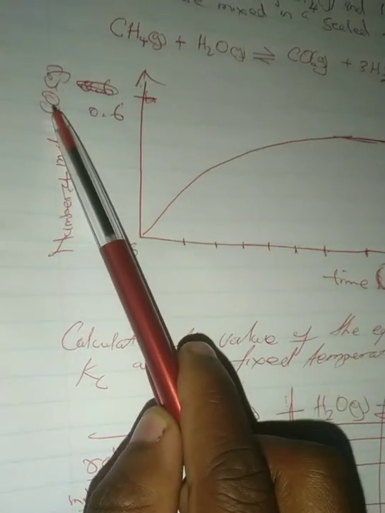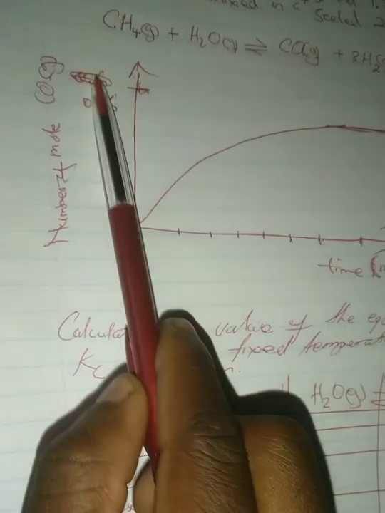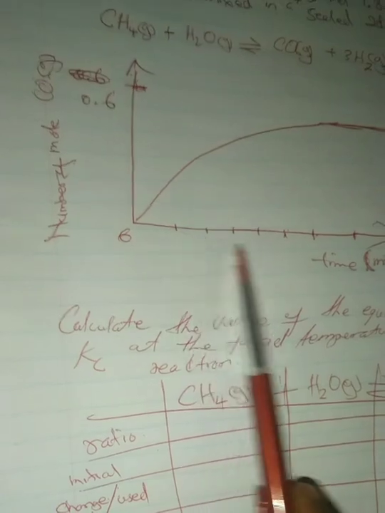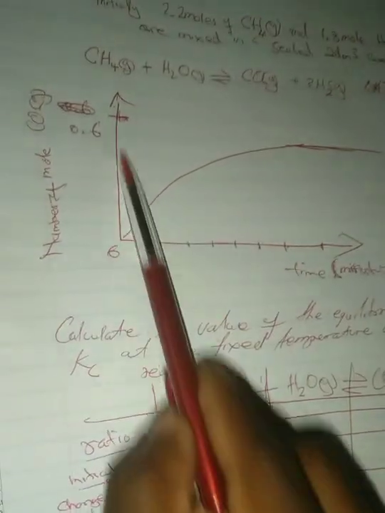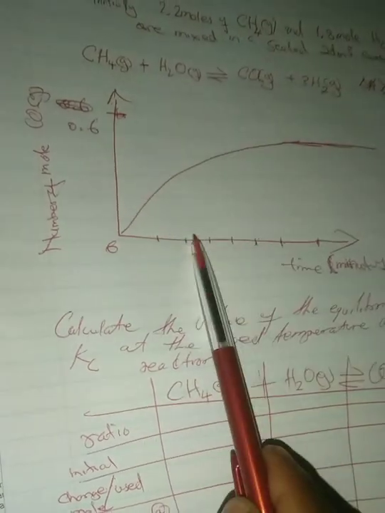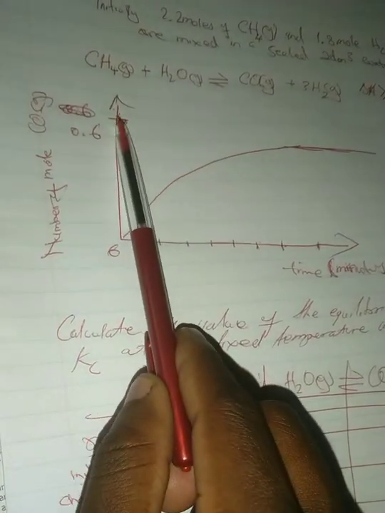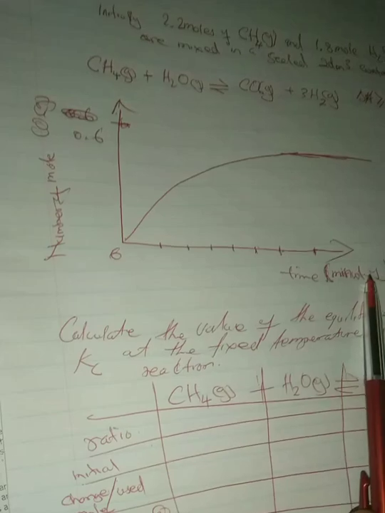The graph shows the number of moles of carbon monoxide on the y-axis versus time. During the course of the reaction, you can see the number of moles increases with time.